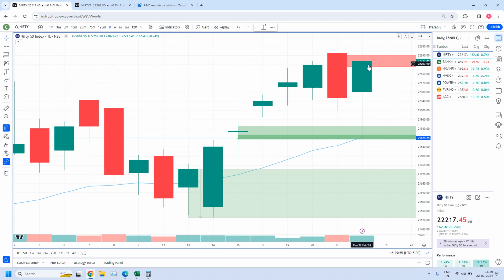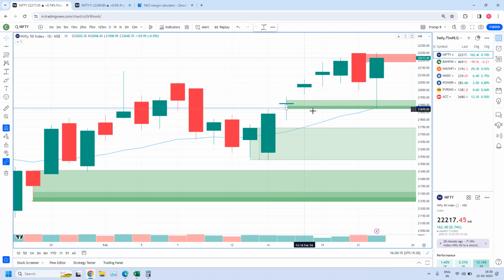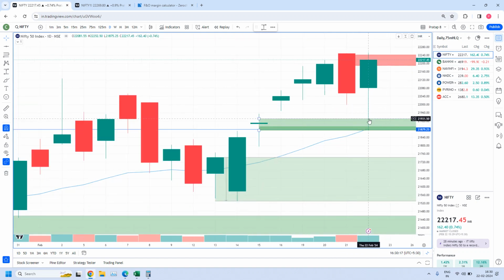Before that, there should be a price over extension, and by the time prices reach this zone having EMA confluence, the zone confluence should be there. That means price over extension completes and you can take a trade. And the trend is uptrend. Currently the trend is uptrend. Only in a bullish trend should you plan such trades. That is what I clearly explained in this strategy.